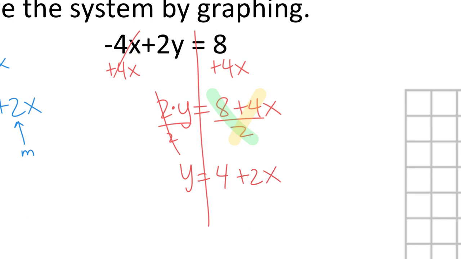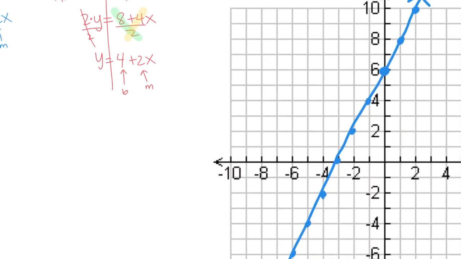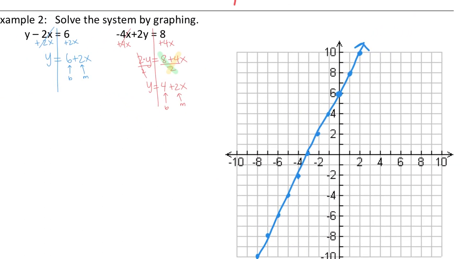All right, let's take that to our graph. It looks like my m is 2, or 2 over 1, and my b is 4. All right, so I'm going to begin at 4 on my y-axis, and I'm going to count my slope, 2 over 1, so up 2, right 1, as far as I can go.